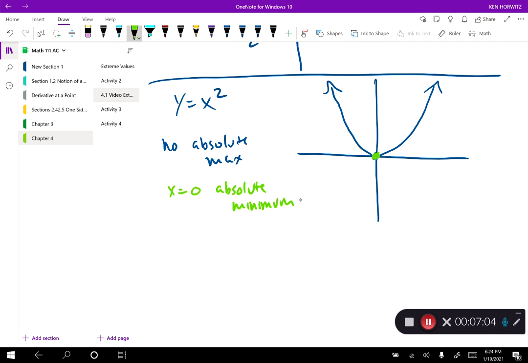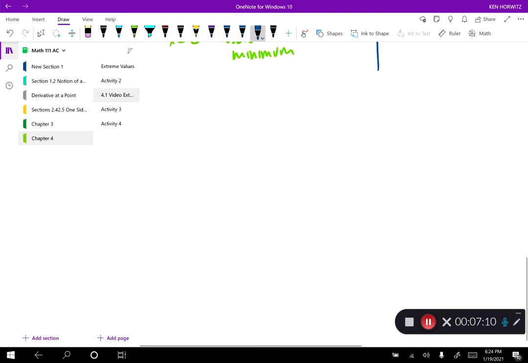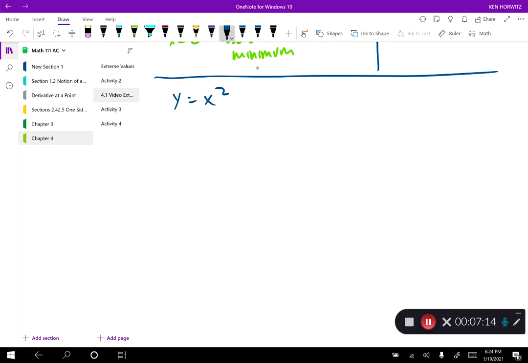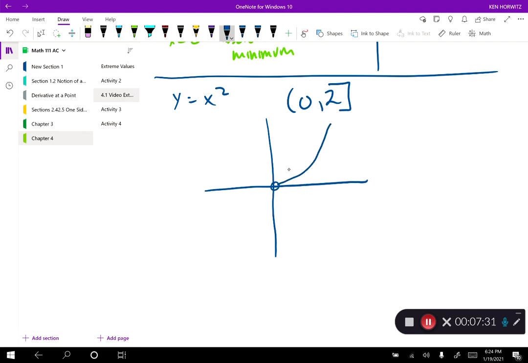All right. But we were talking about restricting on a domain. So how does our answer change? Here we're going to use the same function. If we restrict the domain to (0, 2], but notice 0 is not in my domain. So in this case, this is the way my function looks.